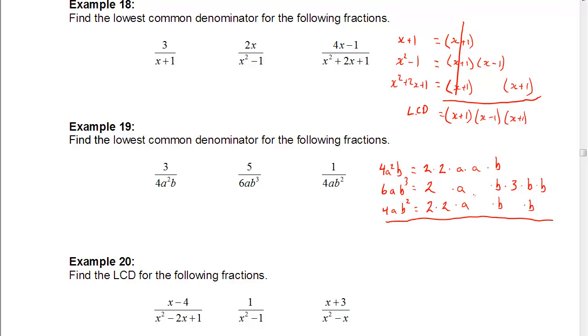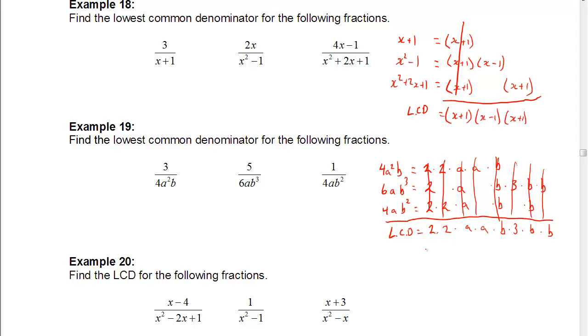Now we find that the lowest common denominator is 2 times 2 times 3 times a times a times b times b times b. Notice we're just taking whatever's in the column. It doesn't matter if there's 1, 2, or 3 items in the column, we just write whatever it is.